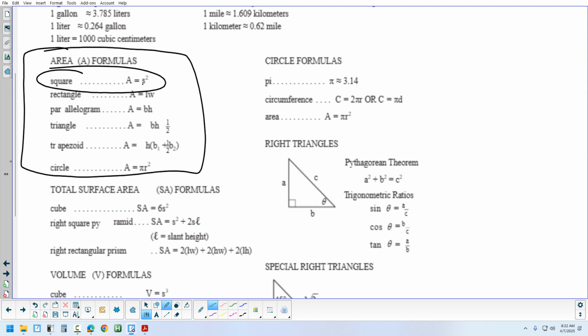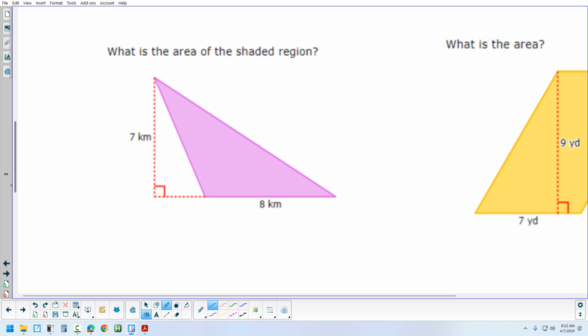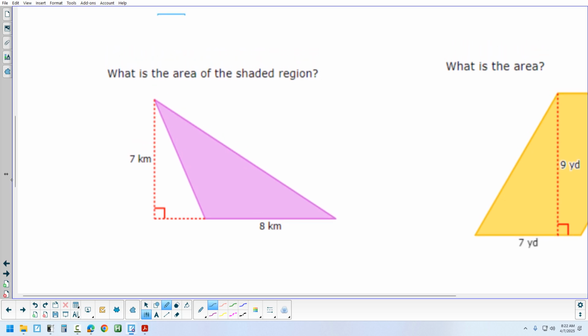All right, now let's try this one. The purple one says find the area of the shaded region. All right, so what shape is that purple area?